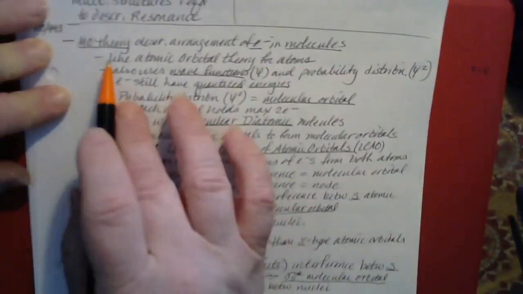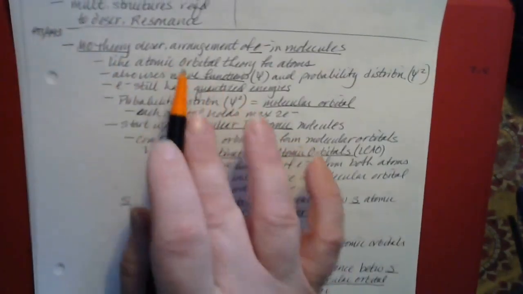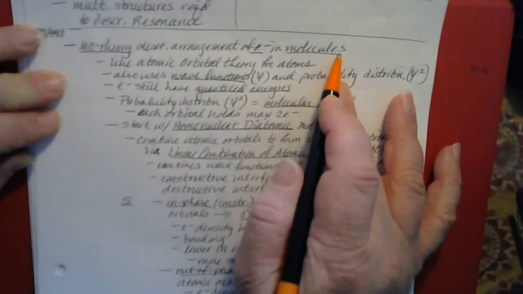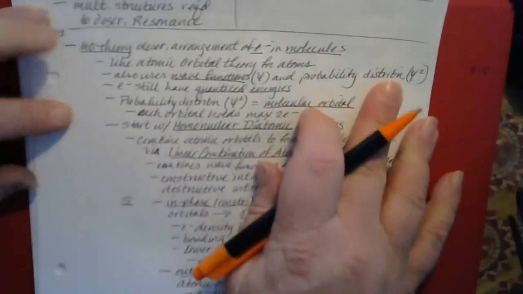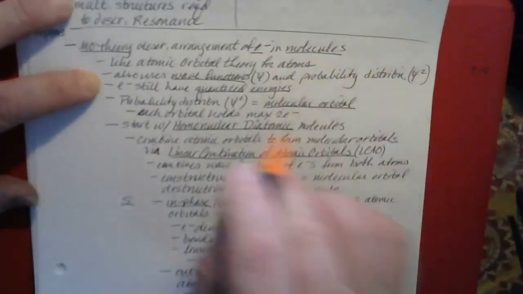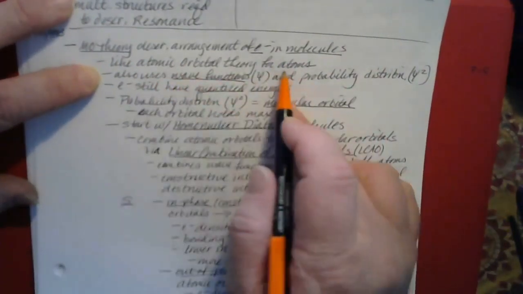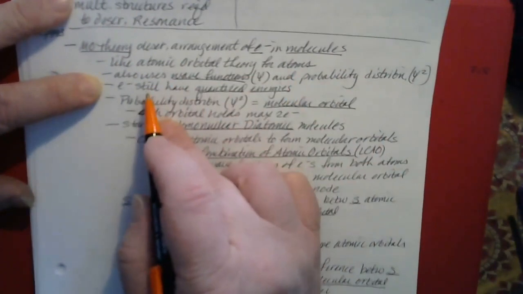All right, so molecular orbital theory describes the arrangement of electrons in molecules, as opposed to atomic orbitals, which describe the arrangement of electrons in atoms. So it's like the atomic orbital theory for atoms.